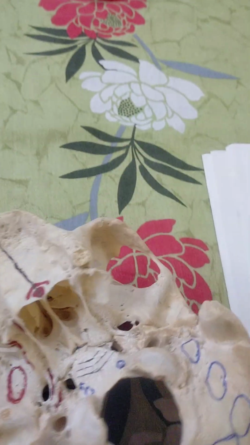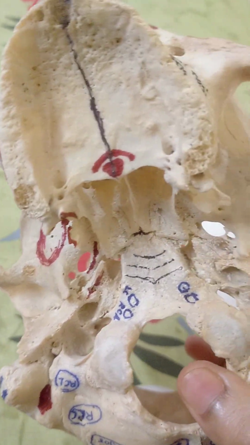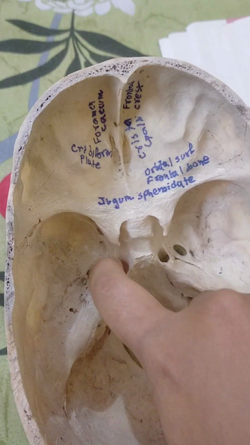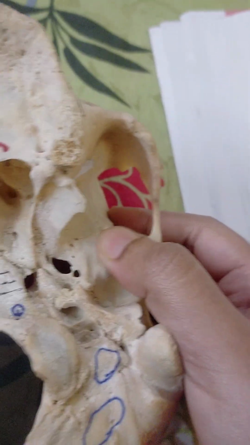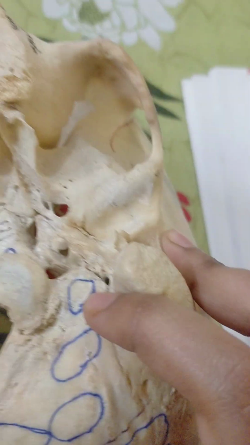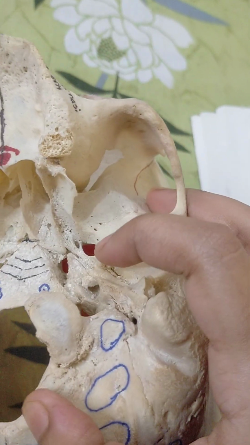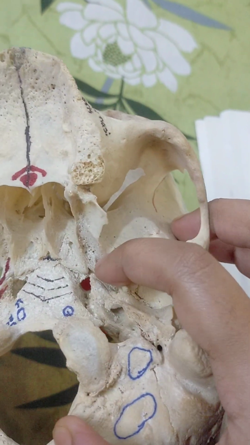If I see at the back side, this is the foramen rotundum. Now this foramen, here you can see this foramen comes at the front side.